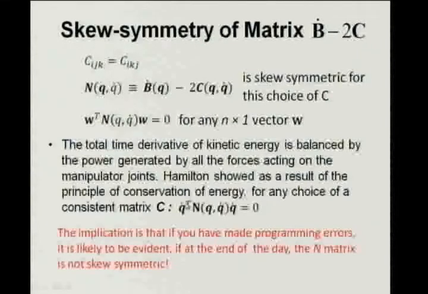So this is an added verification. If you choose not to use Christoffel symbols, then you can check finally using this whether it is working out right. If it is, then that is correct. So this is an additional check and essentially tells you that the total time derivative of kinetic energy is balanced by the power generated by all the forces acting on the manipulator joints.